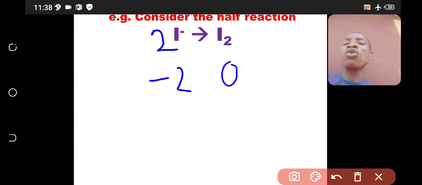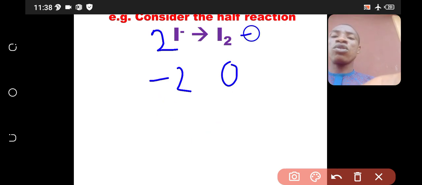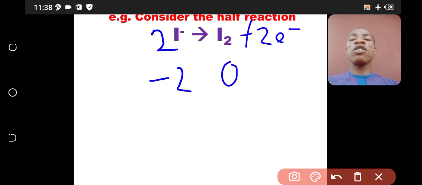So the product side is higher than the reactant side. So you put electrons in the product side to bring it down to the level of the reactant side. How many electrons are we going to put there? You say 0 minus -2, that will be 2. So you put 2 electrons there. Just subtract the smaller value from the bigger one.